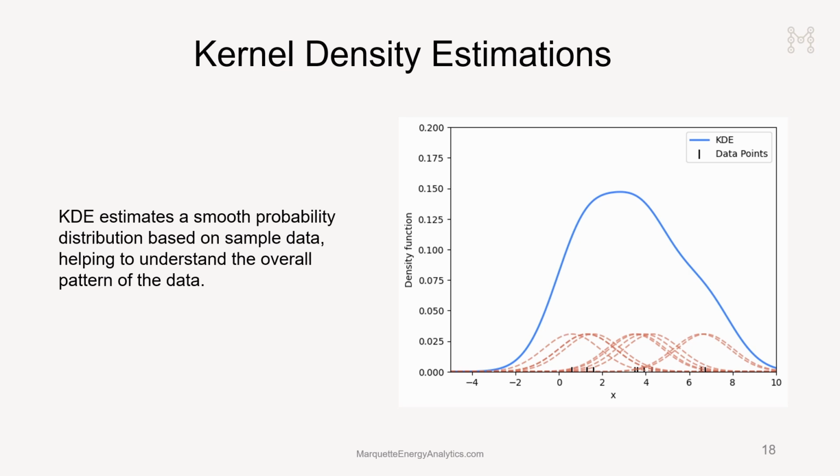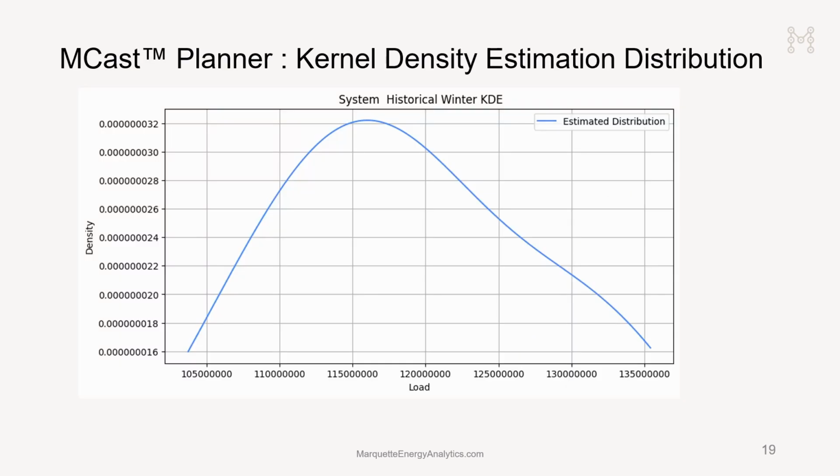While our previous slide featured an example estimation, this is how MCAS Planner could generate its own kernel density estimation, or KDE, using load data from our demo area. This is a simplified version of the actual MCAS Planner process, but it effectively demonstrates the core concept.